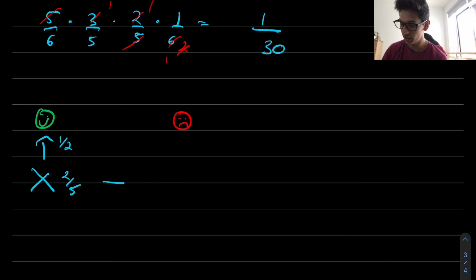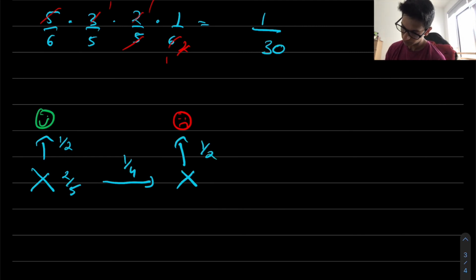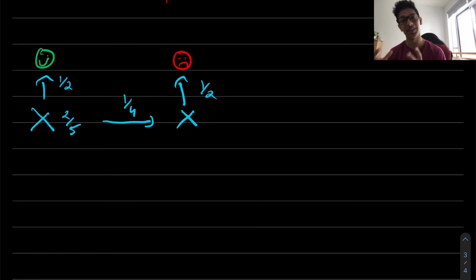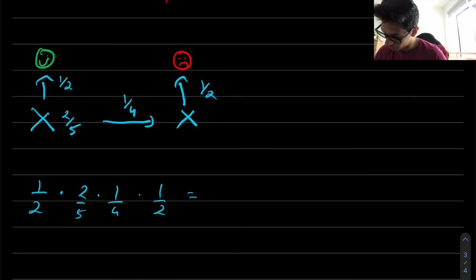The probability of him not working out the second day, given that he didn't work out the first day, as we calculated above, was 1 out of 4. And the probability that this makes him sad is 1 out of 2. So the probability of this scenario is 1 over 2 times 2 over 5 times 1 over 4 times 1 over 2, which is equal to 1 over 40.